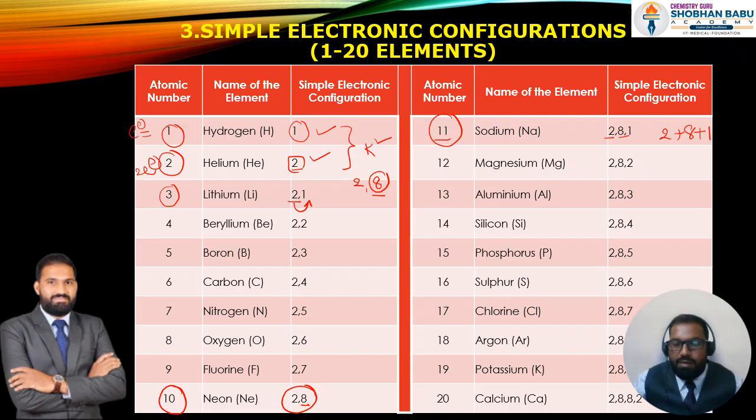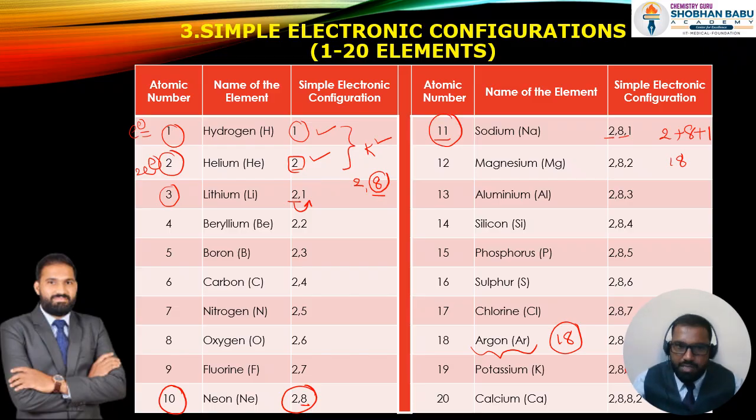Then the 11th electron will move to the third shell. We know that the third shell capacity is 18, but we can fill maximum 8 electrons only. So the ninth electron is moving. Though the third shell capacity is 18, only 8 electrons are accommodated, and the ninth electron is moving to the fourth shell.